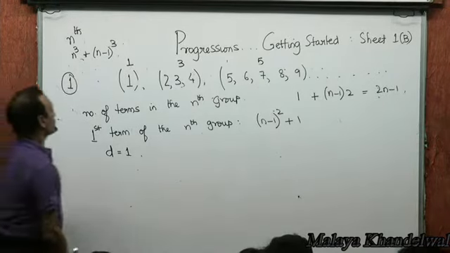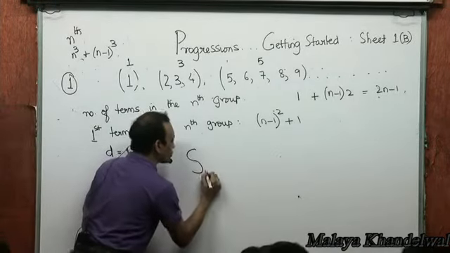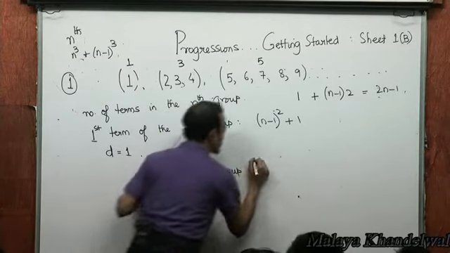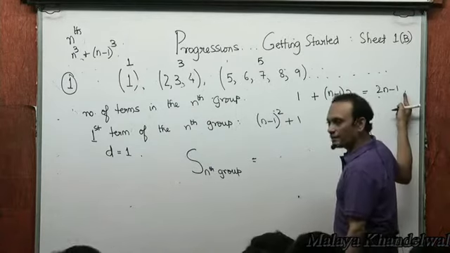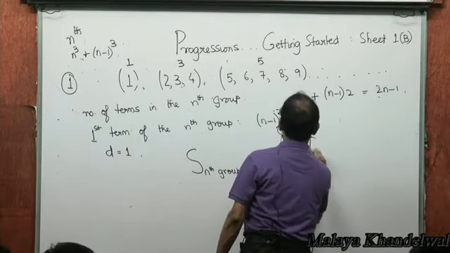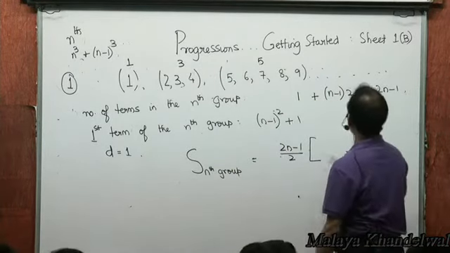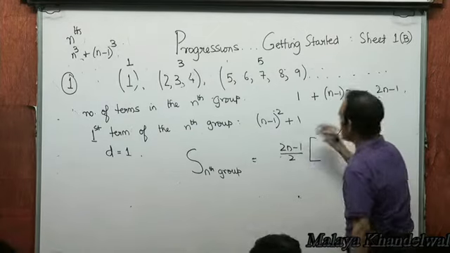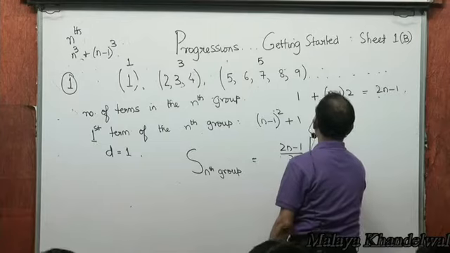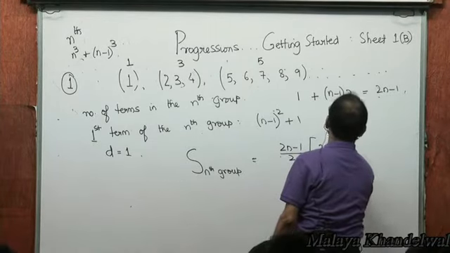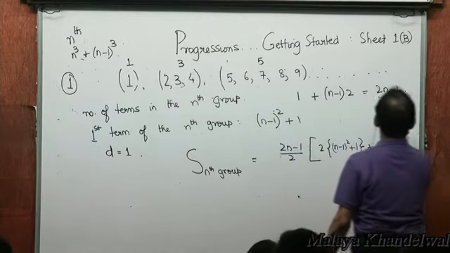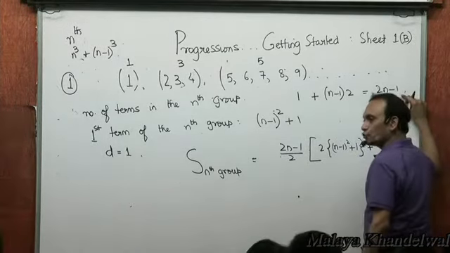And therefore, the sum of the terms in the nth group is going to be number of terms by 2, (2n minus 1) by 2, into 2 times the first term, which is this. Yes or no? Are you confused? 2 times (n minus 1) whole squared plus 1, 2a plus (number of terms minus 1) into d.